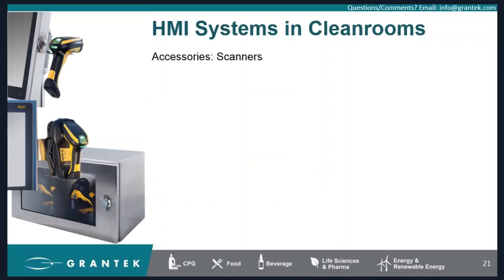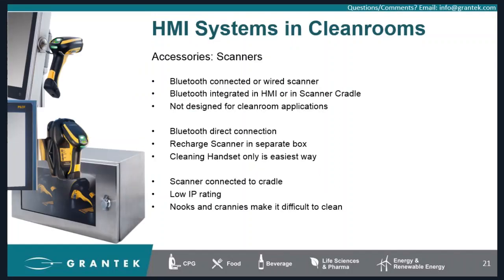The other one is really barcode scanners, with the serialization, with batch control, and everything runs with a barcode. So every time you do something, every time you weigh something, you put something on a scale, you need to scan a barcode. And therefore, the barcode scanners, again, are industrial equipment.